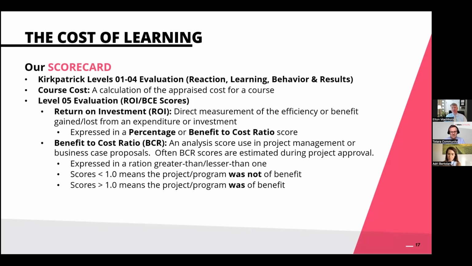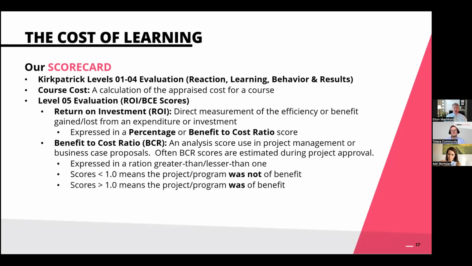When we're talking about BCR scores, they're usually expressed as a ratio, not a ration, but a ratio of either greater than or lesser than 1. So in a score that is greater than 1, the project was a benefit. In this case, we generated some sort of benefit, some sort of efficiency, some sort of improvement over what we spent on it.